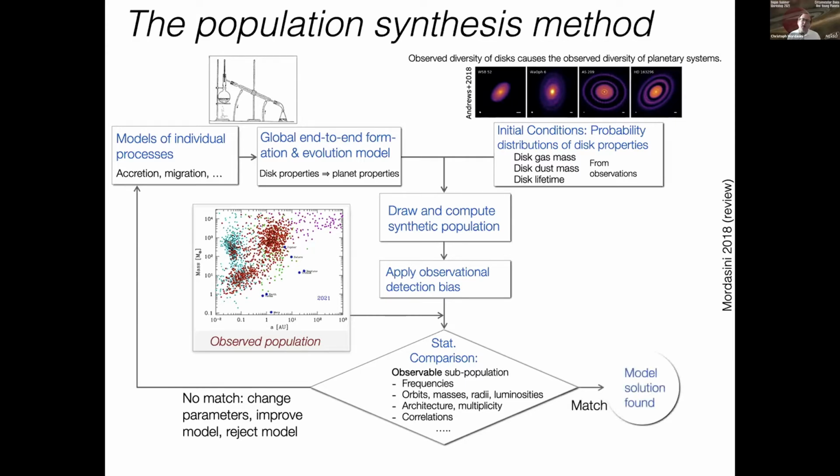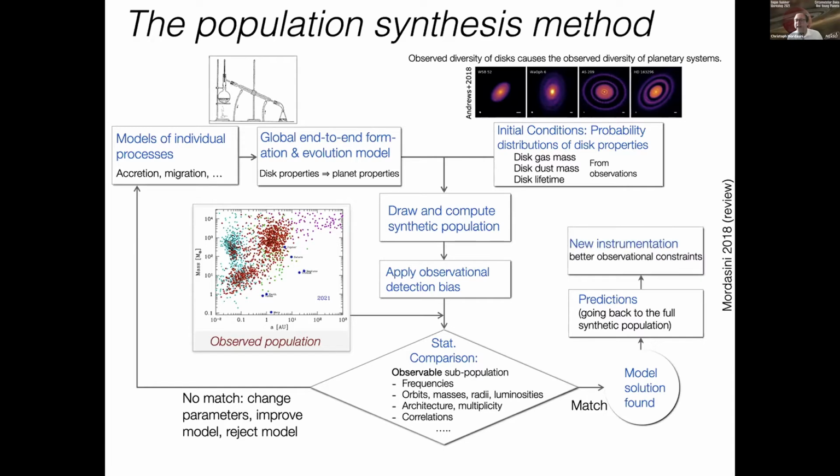Sometimes you have also a model which is satisfactory, at least in some aspect. And this is interesting on the observational side, because we can now use it to make predictions what happens when we are building the next generation of instrumentation. So we can say what happens if my direct imaging instrument has an inner working angle which is only half as large as my current instrument.